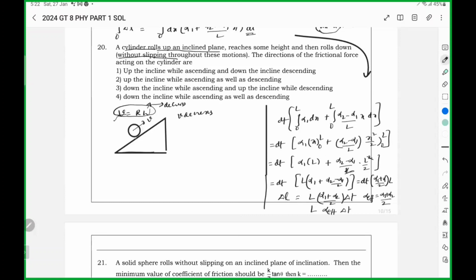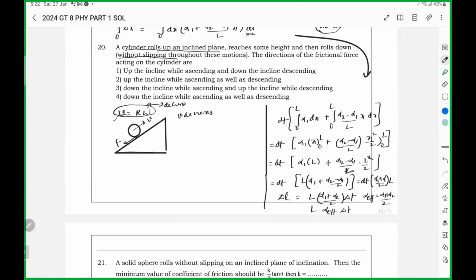So omega decreases when frictional force acts on this. So frictional force must provide torque in such a way that it must reduce angular speed.